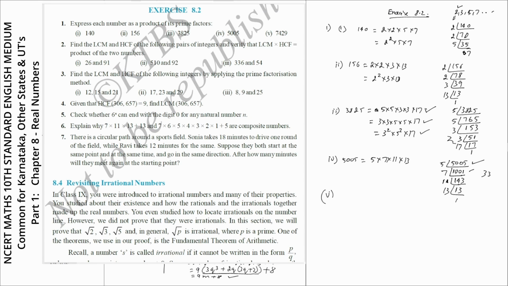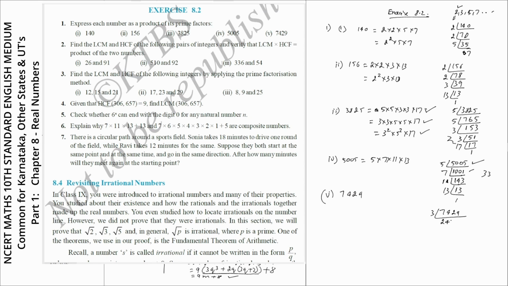So the fifth question, 7429. I'll do it. It is not divisible by 2, and it's not divisible by 5. I'll check with 3. 3 twos are 6, then 1 is remaining. 3 fours are 12, then 2 is remaining.